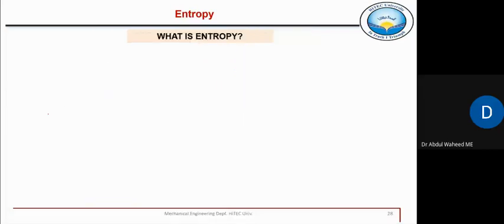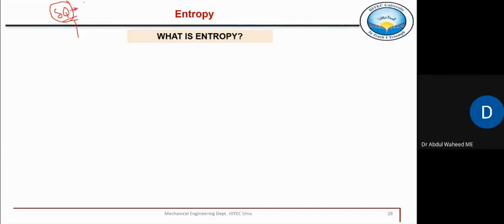Now, still, the question is, what is entropy? Entropy, which we have been studying, has a mathematical form, that is del Q by T. It means whenever there is heat transfer, heat production. What is heat?